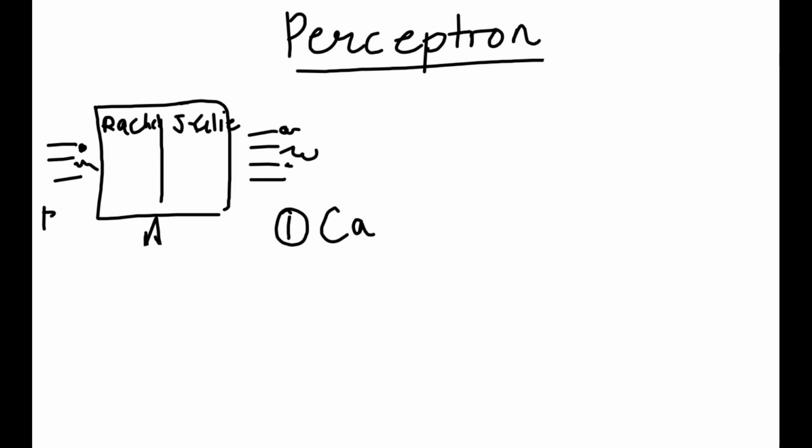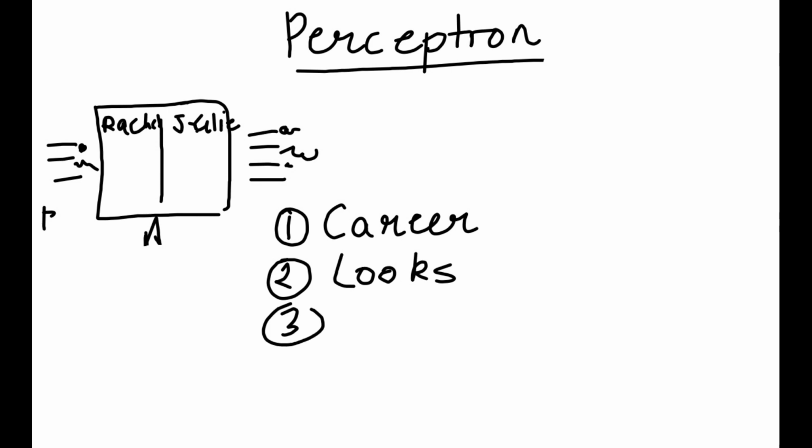So his inputs are career, then looks, and then maybe affection, how affectionate this girl is. Now for the career, Ross has to decide which of the inputs is the most important for him. So maybe he's a vapid person.